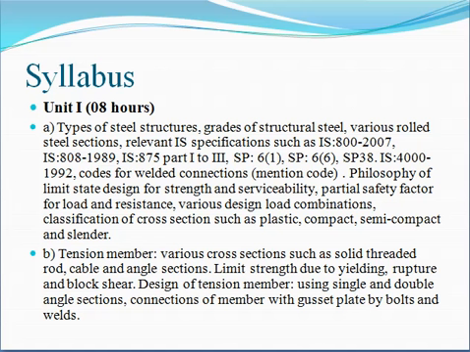These are the three strengths we have to see. Again, the next part is design of tension members using single angle and double angle sections, and connections of the member with gusset plate by bolts and by welds. Here we have to see the two connections of the steel members, connection by bolts and connection by welds.